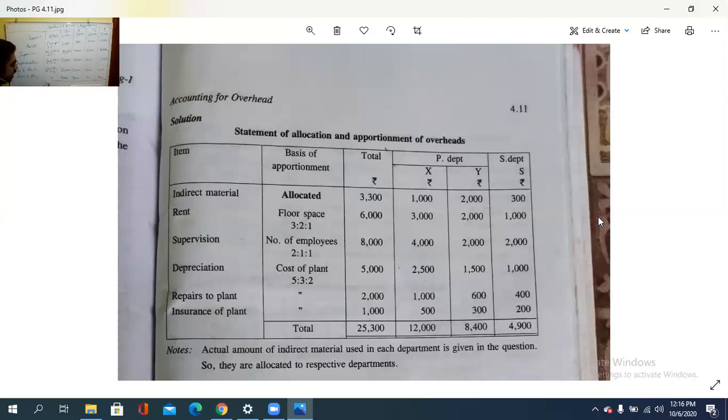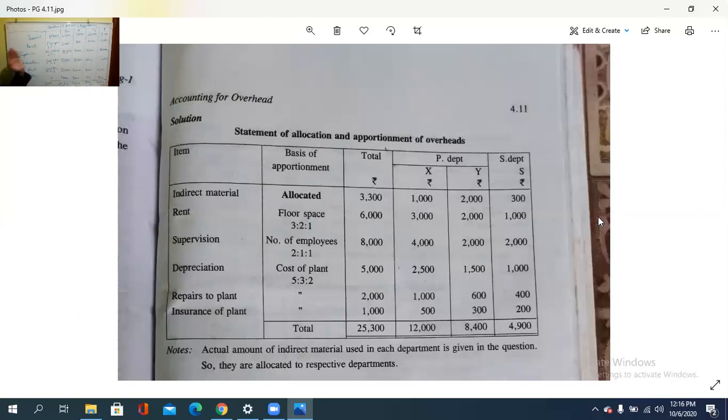This is allocation and apportionment. So total, how much is it? 25,300. So here it is coming 12,000, 8,400, and 4,900. See, this is the apportionment. So the main item, indirect material, is to be allocated to the different departments.